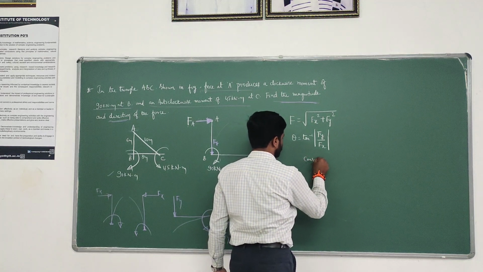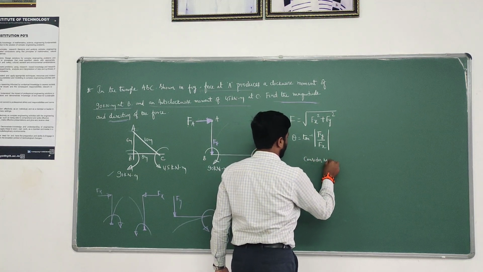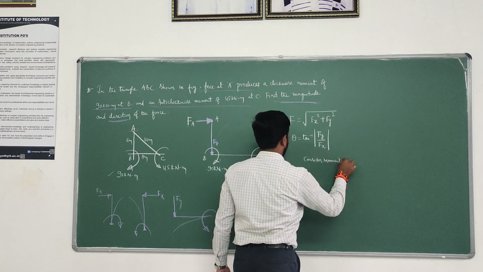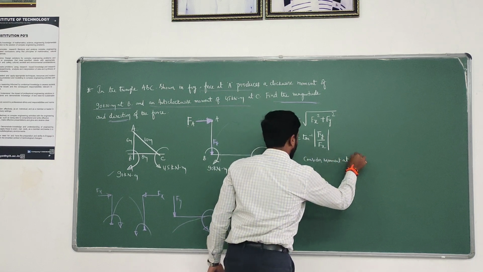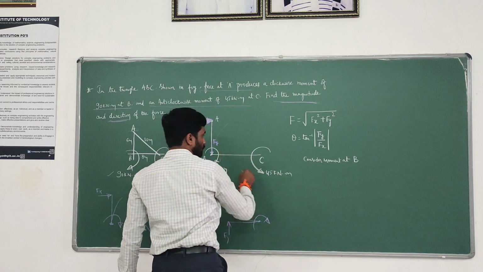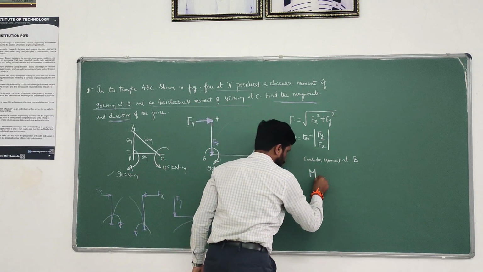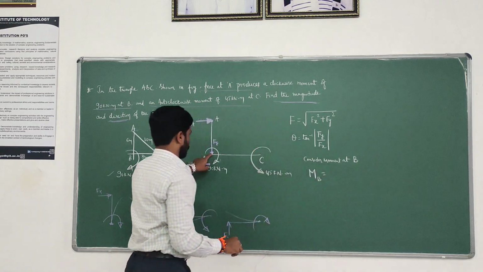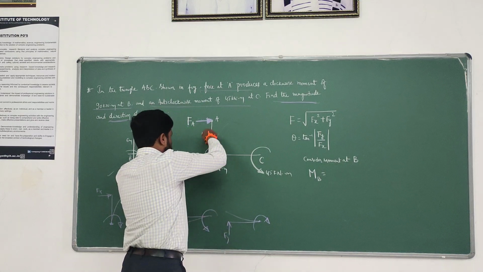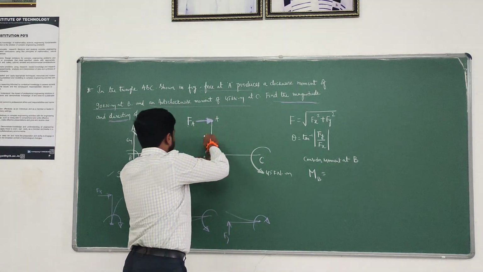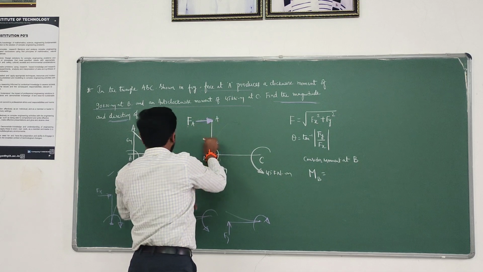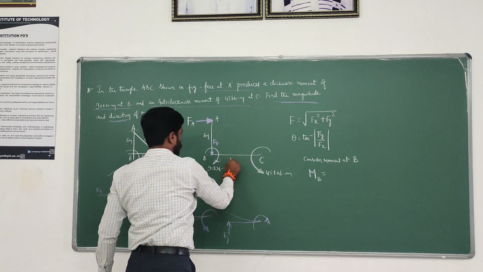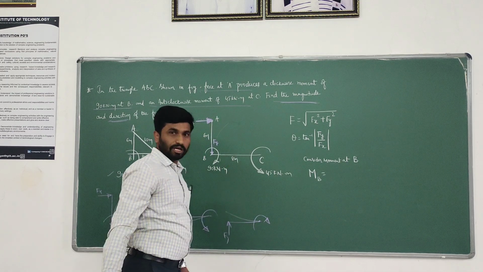For this, consider moment at B. If you take moment at B, MB, which is equal to, only consider this vertical member, MB, which is equal to Fa into distance, the 6 meter, and this is 8 meters.